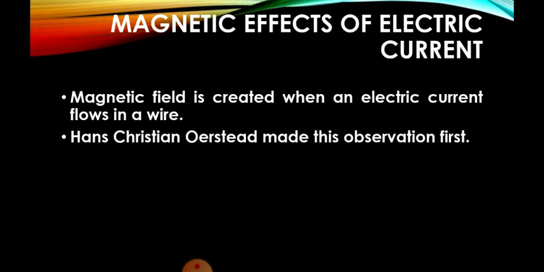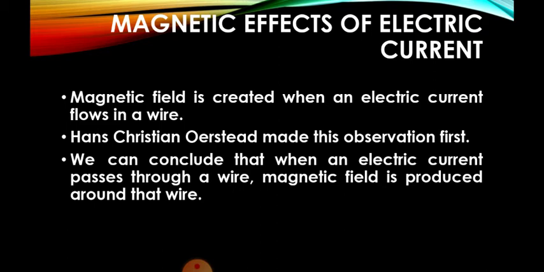Now this discovery was made for the first time by a scientist known as Hans Christian Ørsted. And because of this discovery, it has been very useful for us in research. We can conclude that when an electric current passes through a wire, a magnetic field is produced around that wire.